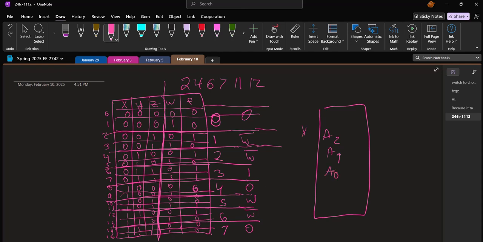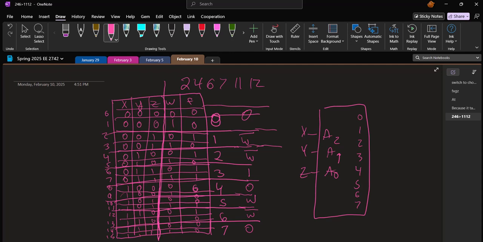So now if I take my decoder and I have A2, A1, A0, and I have X, Y, and Z, and I have 0, 1, 2, 3, 4, 5, 6, 7. I want to have, let's see, I have the low. Let's look at 3 in particular.